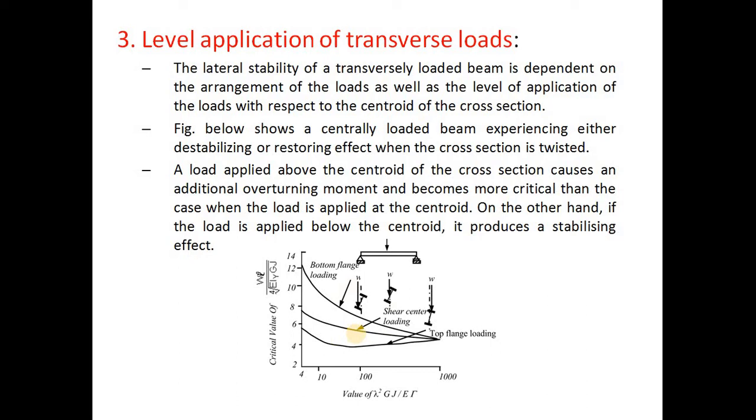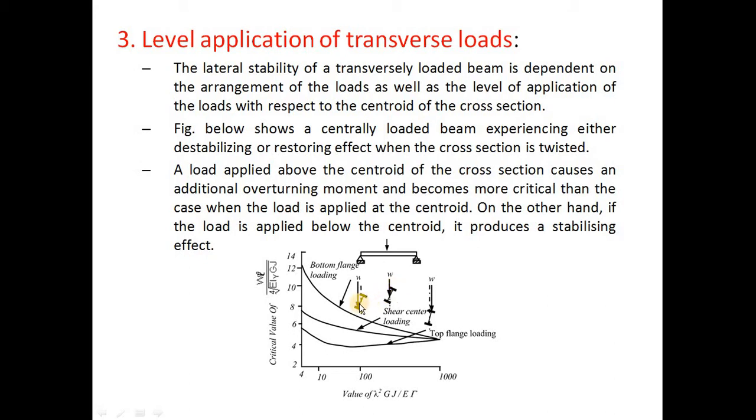Means here what I'm trying to explain you is, when you apply the load above the centroid of an I section, it is much more critical than when you apply the load exactly at the CG of the I section, which you can see in this second case where the load is applied exactly at the CG.